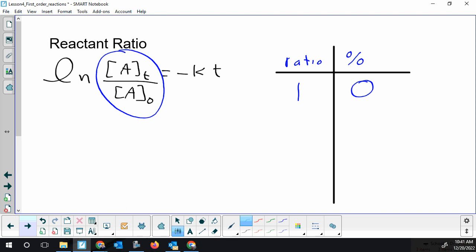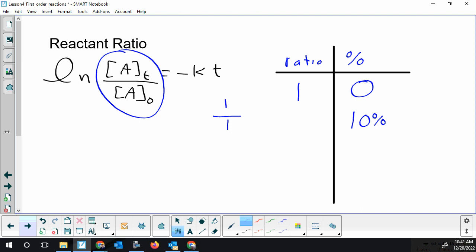When you have used up 10% of the reactant, you're 10% forward. So if we think of what's going on, the ratio would originally be, let's say, 1/1 if you had 1 mole per liter. 10% in, you've used up 10% of 1.